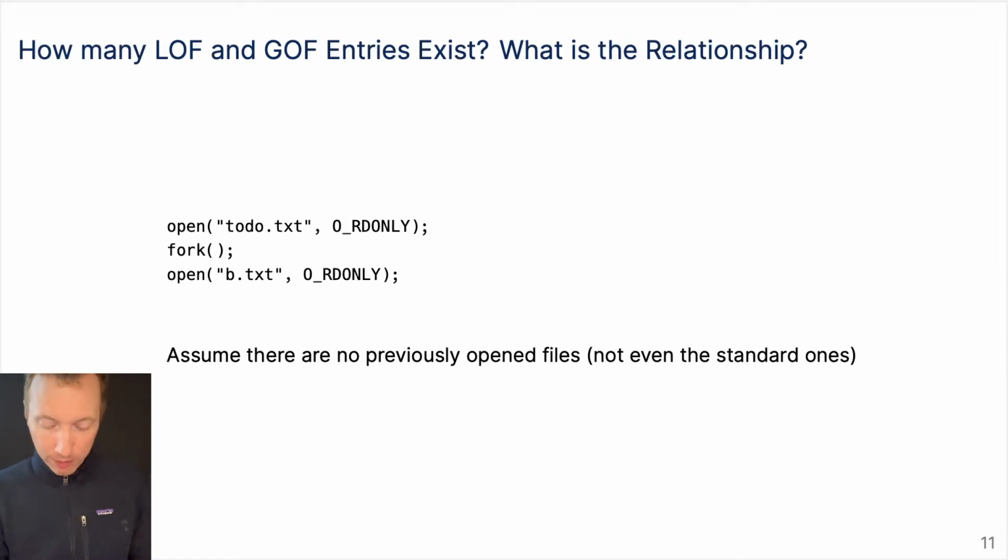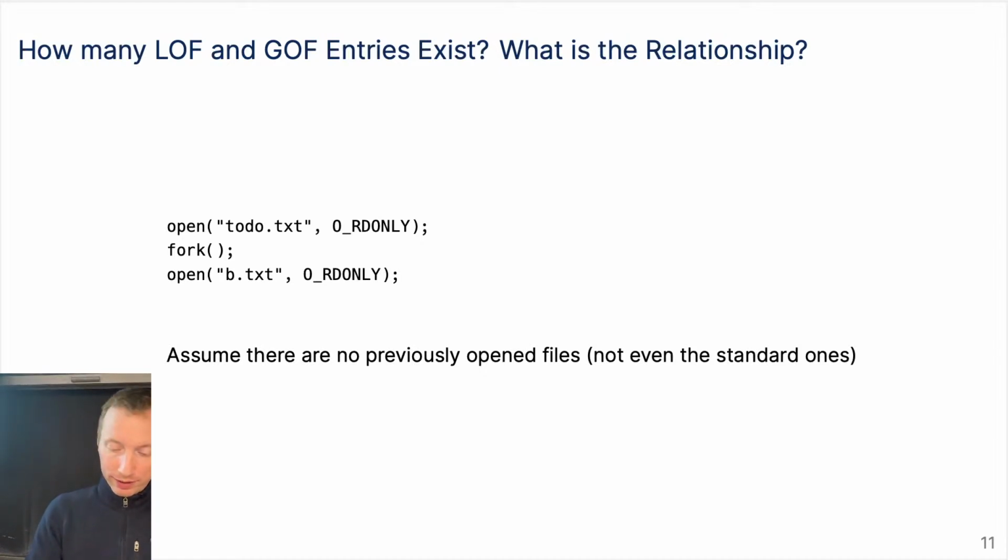So assuming there's no previously open files, not even the standard ones, how many file descriptors does the parent process have open? 2. And what files are they? Okay, yeah, todo and b.txt. What about the child process? How many files does it have open? 2 as well. todo.txt and b.txt.